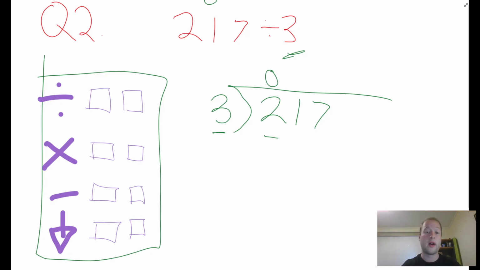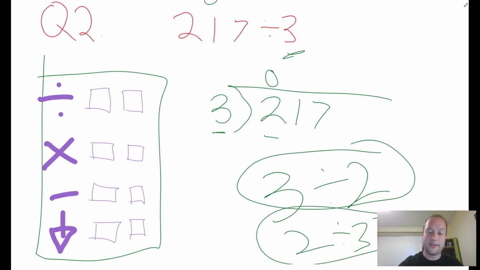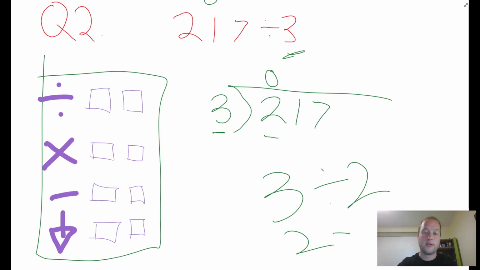We could do 2 divided by 3 the other way, but right now we're trying to do this one. We can't do 2 divided by 3 because I'm skip counting by 3s and I can't reach 2 by skip counting by 3s, if that makes sense. Sorry that I'm a bit tired.